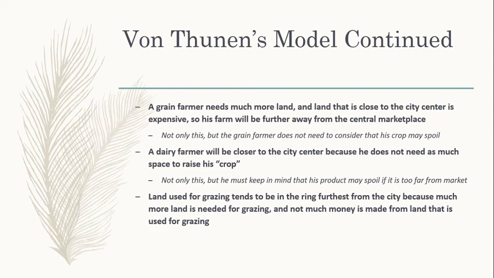The farther from the city, the cheaper the land is going to be, and the farmers here aren't really getting too much money from the type of land that they're using because the type of land that they need is just wide open areas that can support grazing, meaning cows walking around and eating grass.